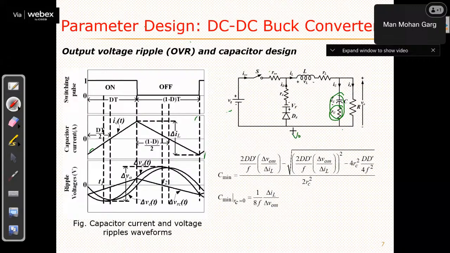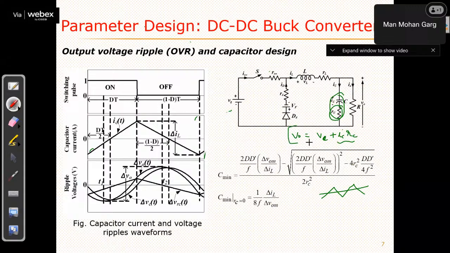So actual output voltage will be the sum of VC plus IC into RC, right? And you know the nature of IC is like that, right? So if it is getting multiplied with RC and added in this, then ripple will further increase, right?